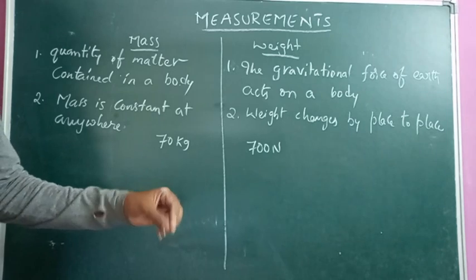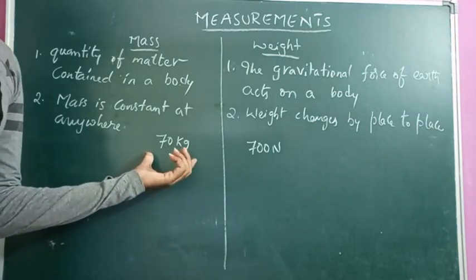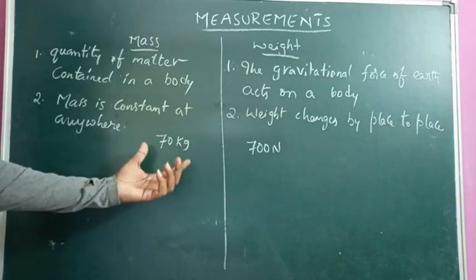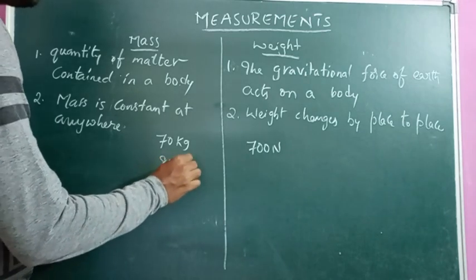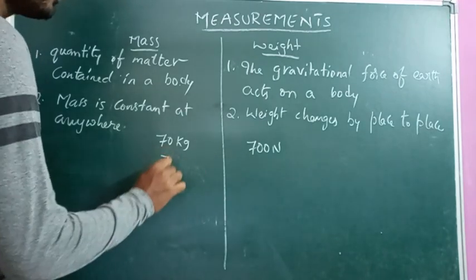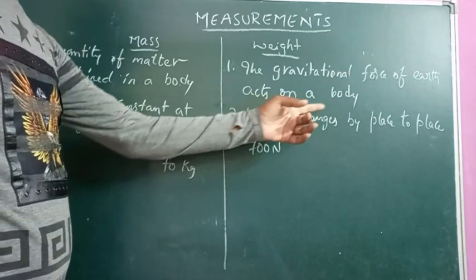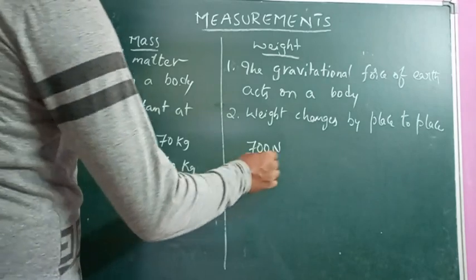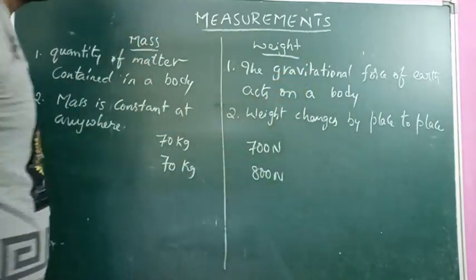If we measure the same mass at the poles, north pole or south pole of the earth, the value may slightly change. The mass is constant, so still 70 kg, but the weight changes because the acceleration due to gravity changes, so it changes from 700 newtons up to nearly 800 newtons.